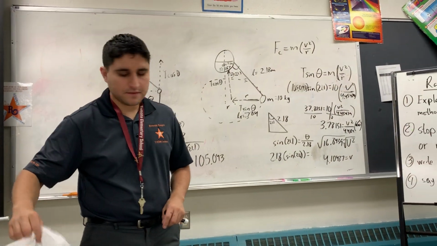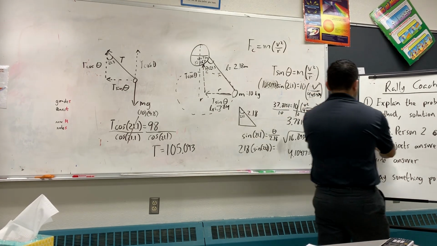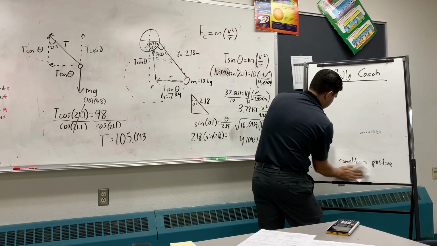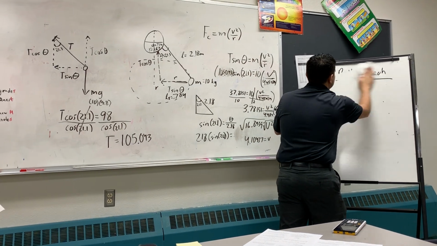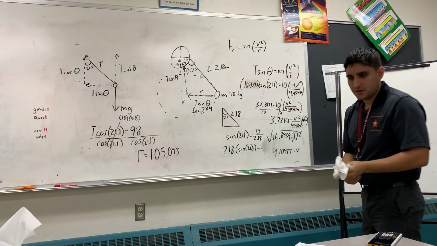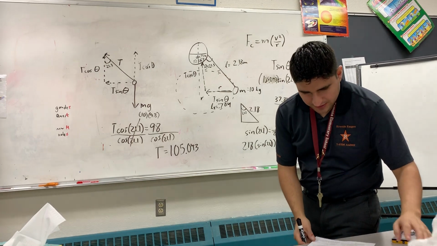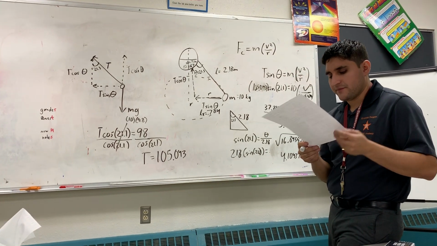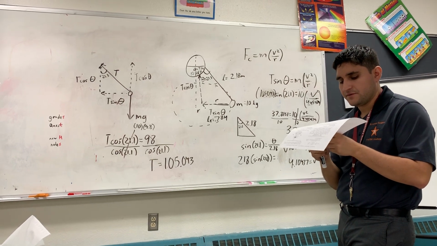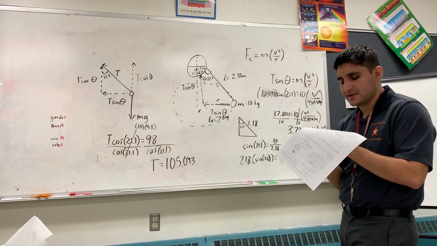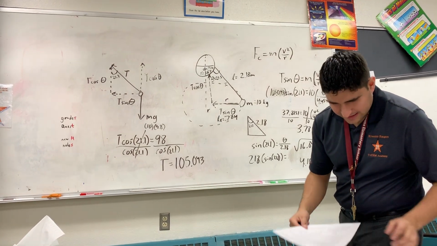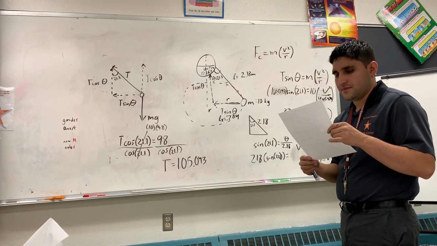Number 12. Once you do 11, number 12 becomes a lot simpler. So if a child of mass 51 kilograms sits on the seat, what is the tension of the chain at the same angle?